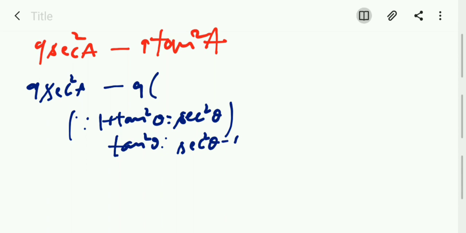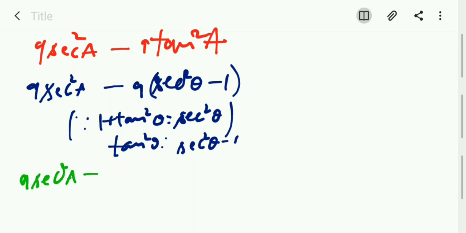You need to just write the same thing, which is nothing but secant square theta minus 1. Okay? You need to just remember all these things, guys. The sum looks very simple. Now, 9 secant square a minus 9 secant square a, plus, minus into minus is plus, and minus 9 into minus 1 is plus 9.